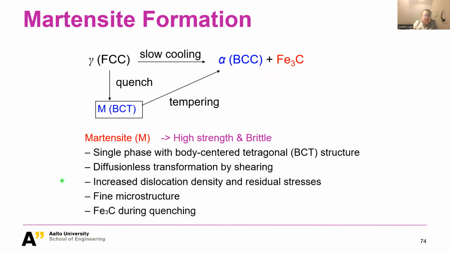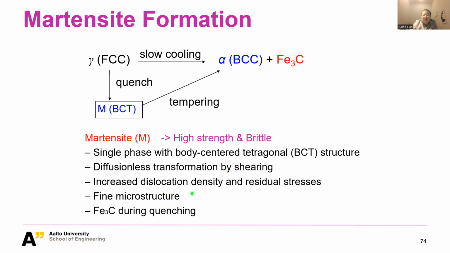But before that, I want to recall some features of martensite for you again. The first two I've already introduced, and the interesting ones are the following two. Due to this diffusionless transformation by shearing, basically plastic deformation, you introduce a lot of dislocations. As you could recall, plastic deformation can only happen with the motion of dislocations, right?